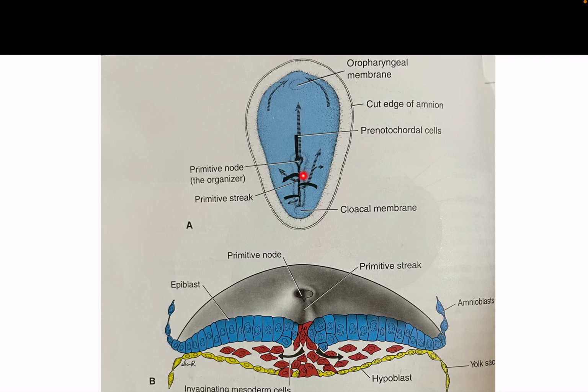The second group is from here to this area, third is here, and fourth is here, and there is also a fifth component. So there are a total of 5 components: 4 are derived from the primitive streak, and the 5th is derived from the primitive node.